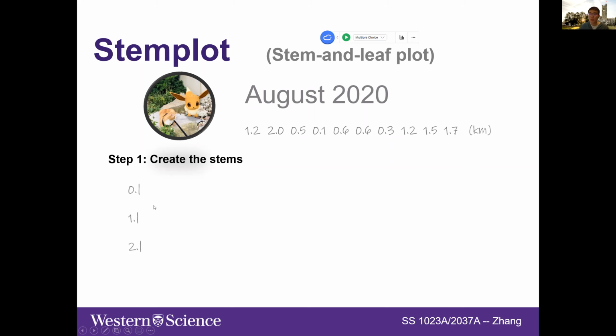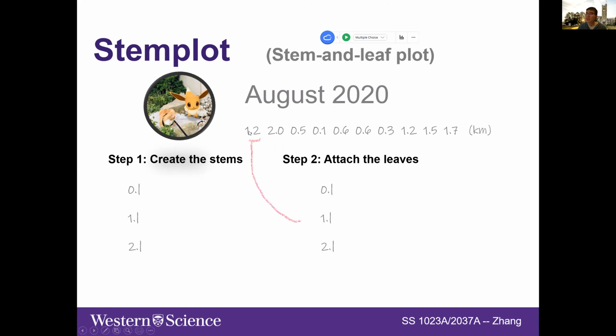In our first step, we're going to create the stem based on our first digit. And because we have a dot over here, we're going to include that too. Then in the second step, we can go ahead and attach all the leaves. For example, for 1.2, the leaf is basically 2, right? The leaf means the digit that has much more variation.